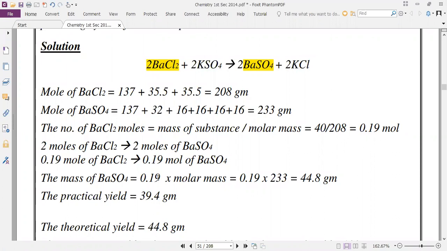0.19 mole. Yes. So now, what about the number of moles of BaCl2 in the equation?